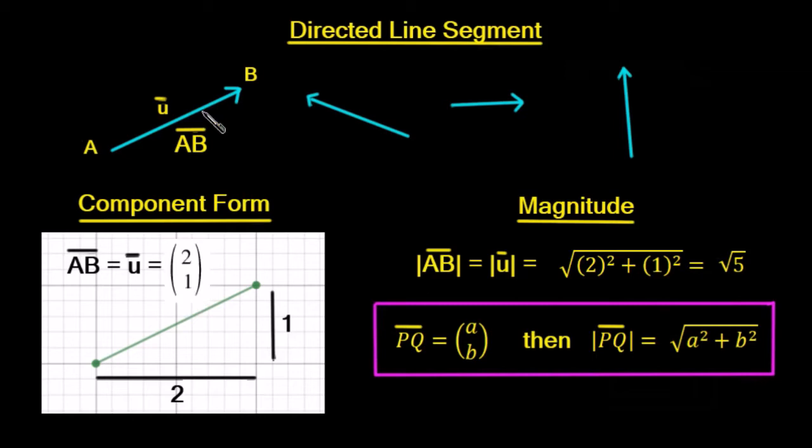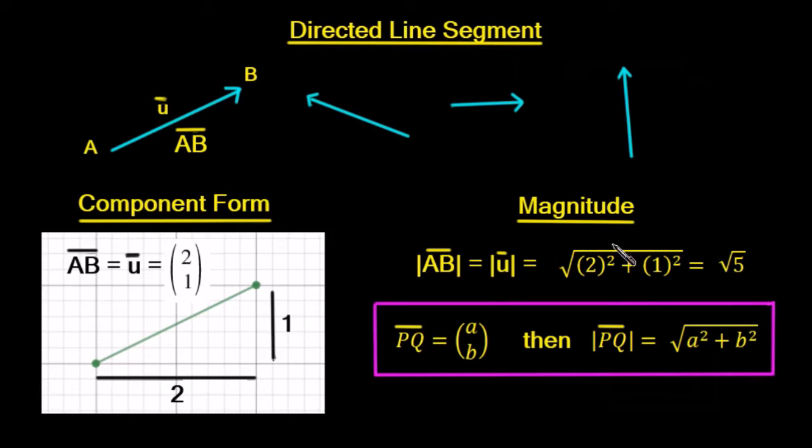So for example, if we were to take this vector here and reproduce it down here, then we can say that this vector is created by going 2 units along in the x direction, so we put the 2 here, and 1 unit in the y direction, so this becomes 1. So this would be the component form of this vector.